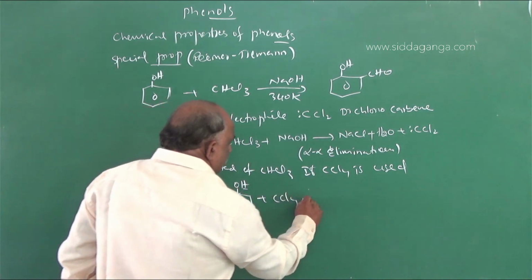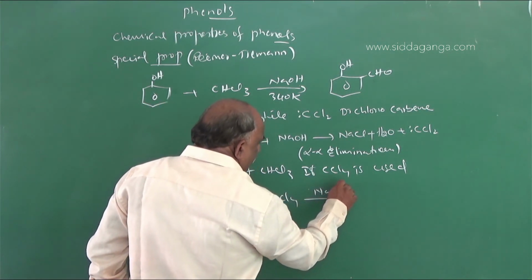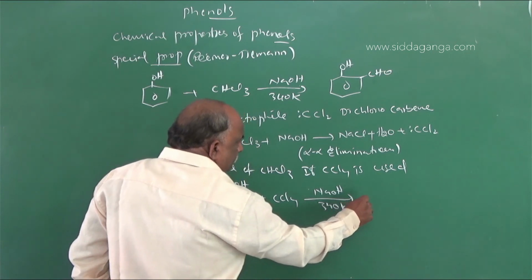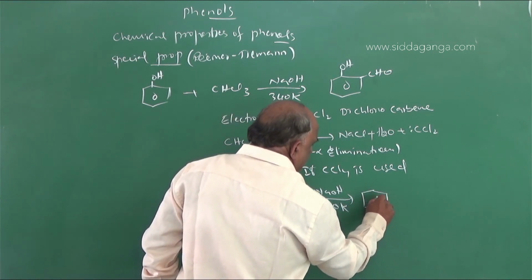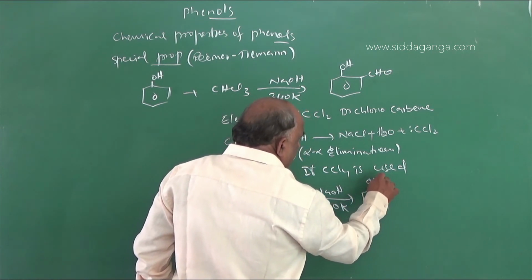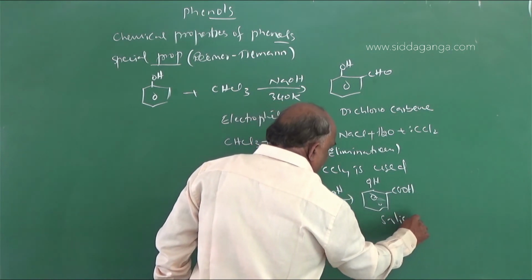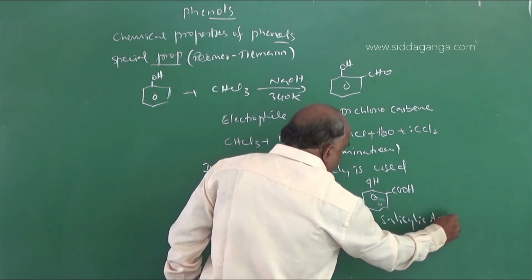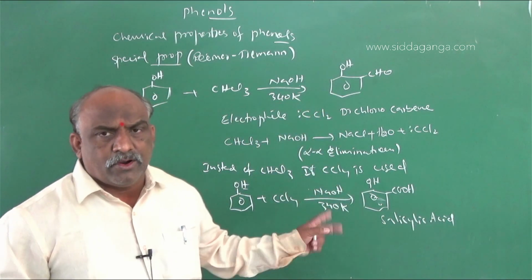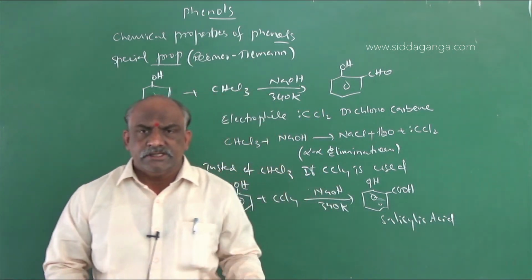The reaction takes place in the presence of NaOH at 340 Kelvin. The answer is simple: you can introduce the COOH functional group here. This is already familiar to all, it is salicylic acid. This is a point you have to notice.